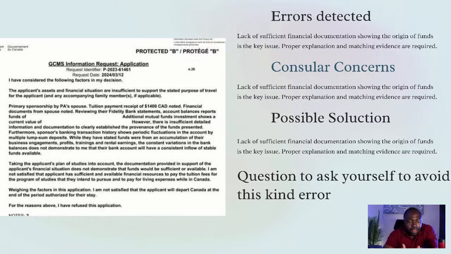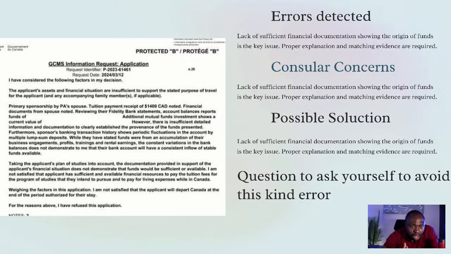It said the applicant's assets and financial situation are insufficient to support the stated purpose of travel for the applicant and any accompanying family member, if applicable. Primary sponsorship by principal applicant's spouse.